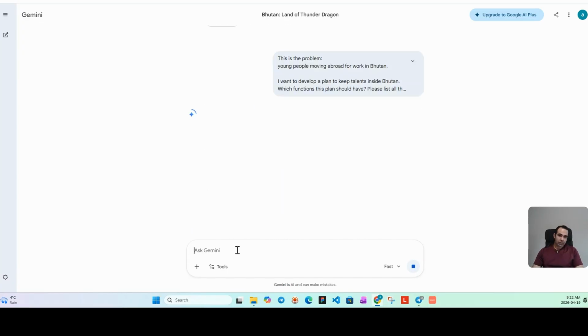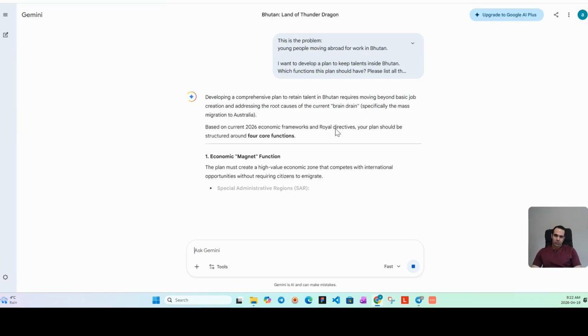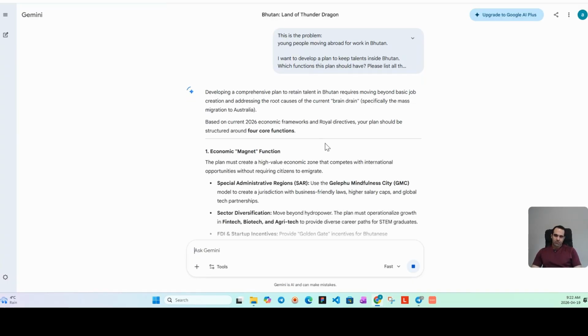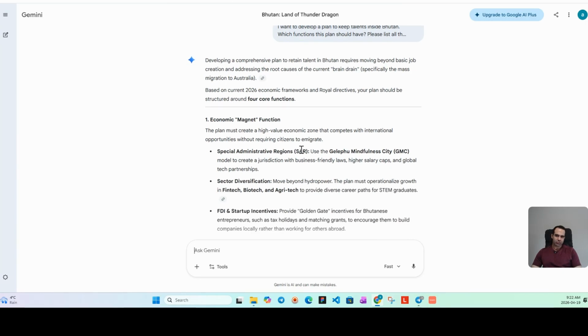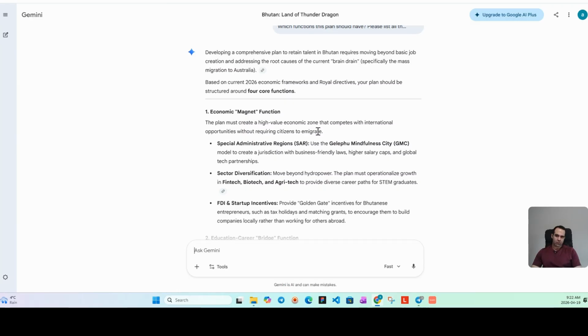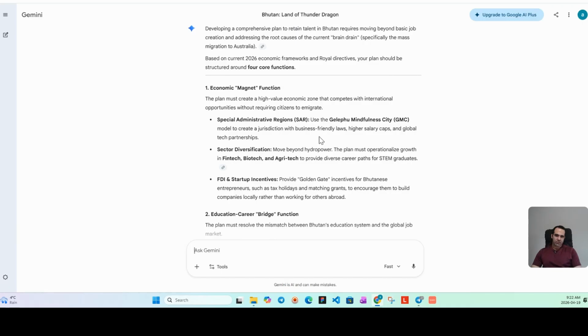So let's first find out the functions that we need. Economic magnet function. The plan must create a high value economic zone that competes with international opportunities without requiring citizens to emigrate. The special administrative region uses the Gulf Mindfulness City. Okay, no. I'm just thinking about the function, not more.